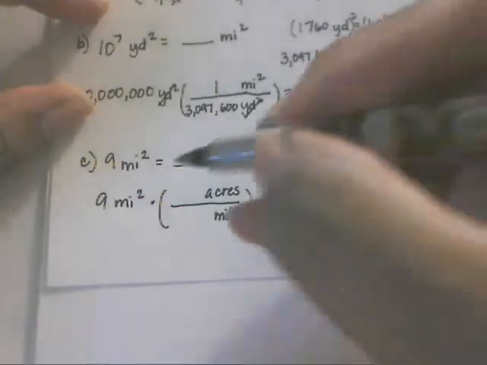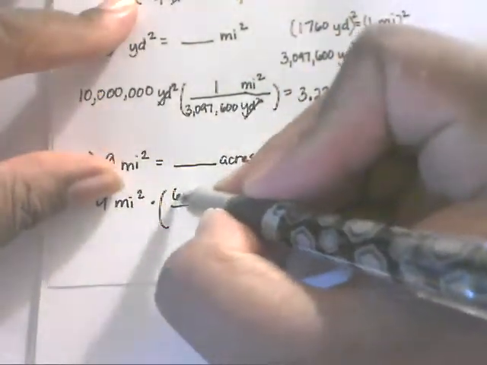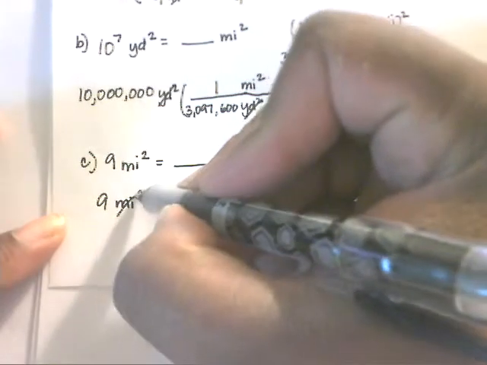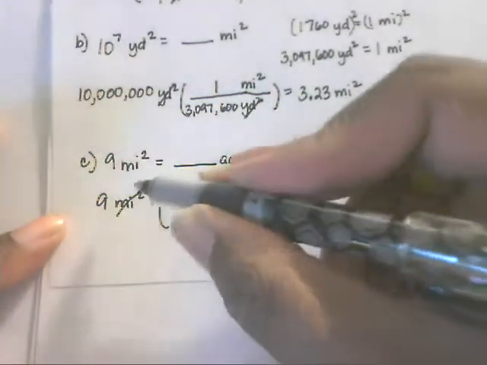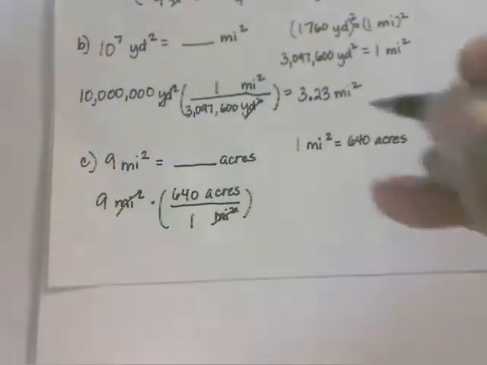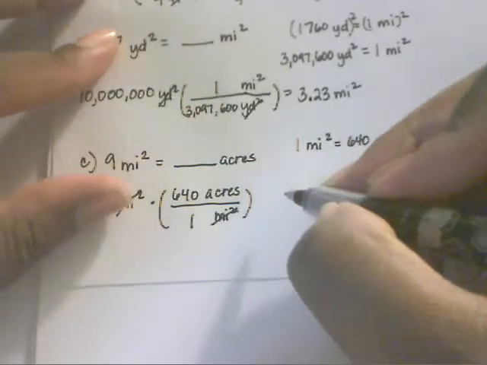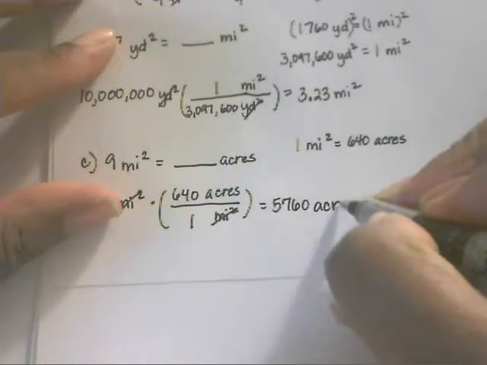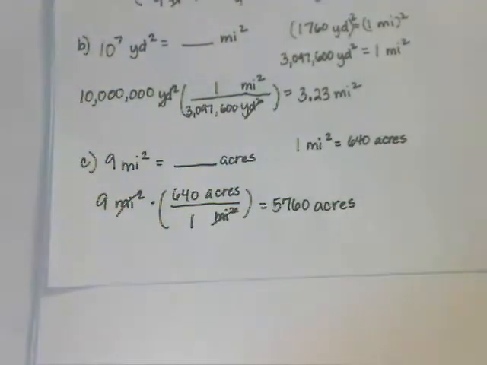We got 640 acres, so the 640 goes with the acres here, and the 1 goes with the 1 square mile. So here the square miles divide out. So that means we're going to do 9 times 640. So 9 times 640 will be 5,760 acres. So 9 square miles is equivalent to 5,760 acres.